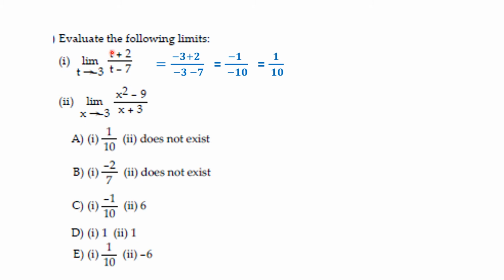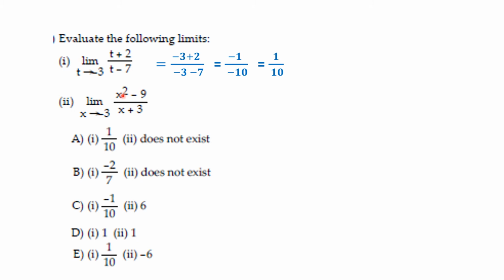So we'll have negative 3 plus 2 in the numerator, and in the denominator we're going to have negative 3 minus 7. And if we do the math, negative 3 plus 2 will give us negative 1. Negative 3 minus 7 will give us negative 10. And this will be equal to 1 over 10.